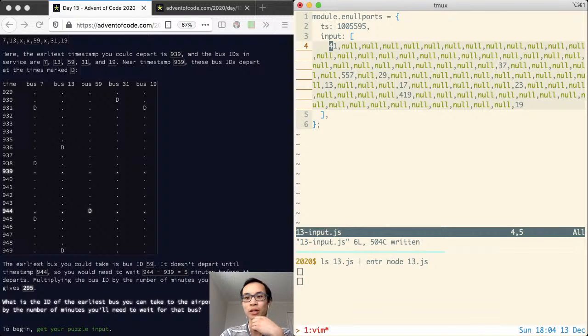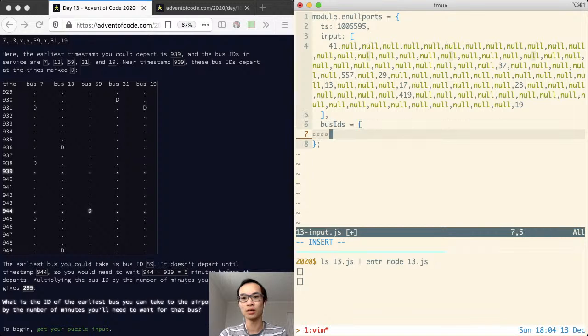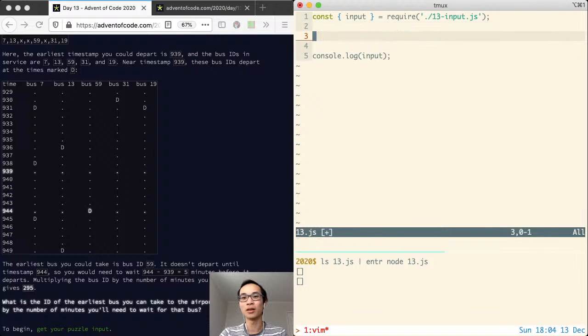The nulls are weird, right? I'm just going to get rid of them. We'll do that programmatically: bus IDs equals input.filter, everything that's not null.